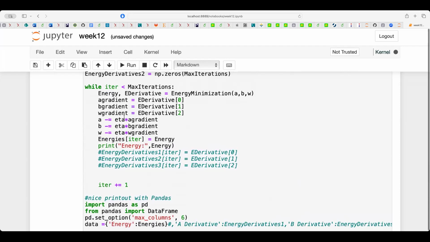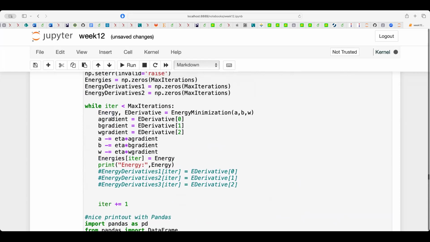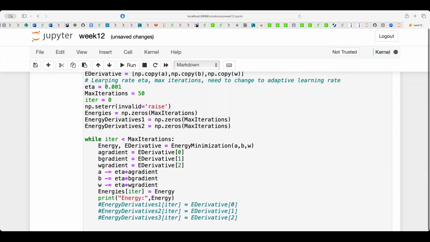It is just us setting up a plain gradient descent with a learning rate of 10 to the minus 3. So in a certain sense, the only thing you need to do is to adapt your code to the new trial wave function. That's essentially what needs to be done.